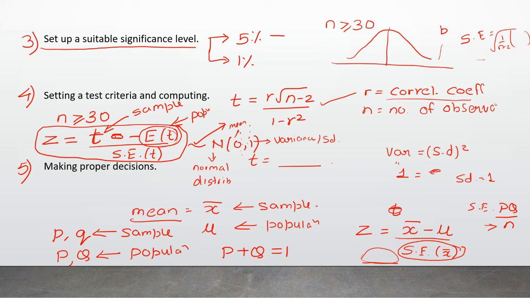Now see, 5% here and there means you have a 95% chance of acceptance or confidence. 100% minus 5% comes to 95%. And similarly, if it is a 1% level of significance, that means you have a 99% confidence level.